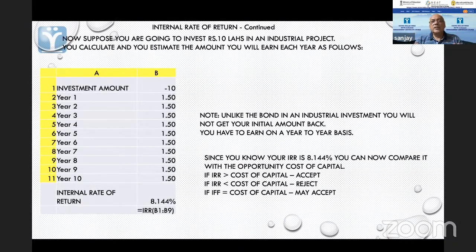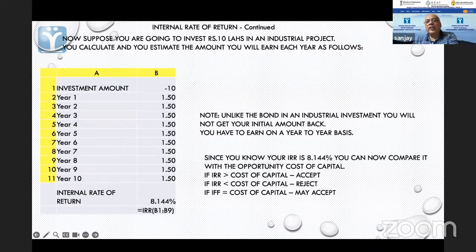Now, how does this help you? How it helps you is your opportunity cost was 10%. That is, the next best opportunity that you had in hand was giving you a 10% return. Remember, we said that if this same 10 lakhs is invested in a company, they will give you a 10% return. Here, what is the return that you are getting? You are getting 8.144. So if I just take these two figures, I know that I should not invest in this particular project.